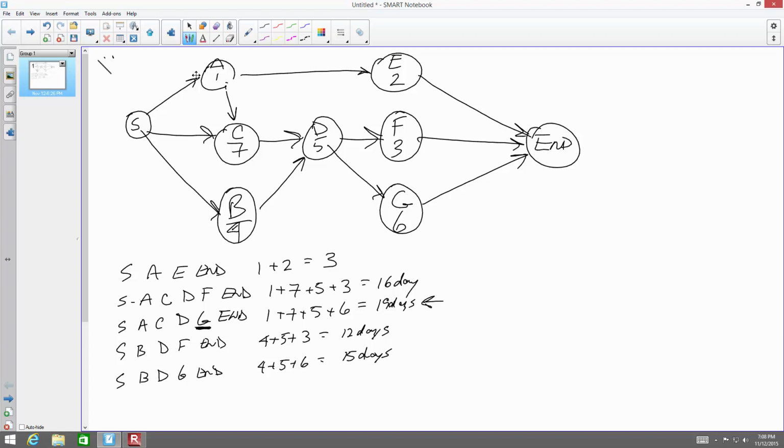A or C. I'm going to say A. The fail-safe answer would be A. But C is the correct answer.